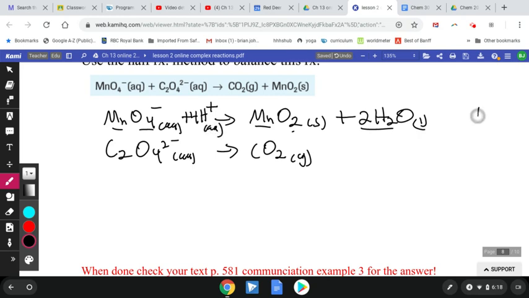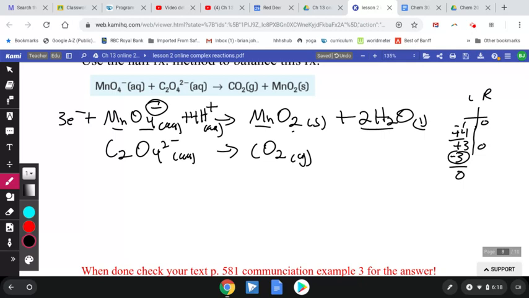I'm going to do a little T-chart here for the left and right. So I've got -1 there and +4. And on the product side, they're all neutral, 0. So I am at +3, and I need to add the electrons to the more positive side. So I get -3. 3 electrons on the reactant side takes me to 0. Okay, good. First one done.